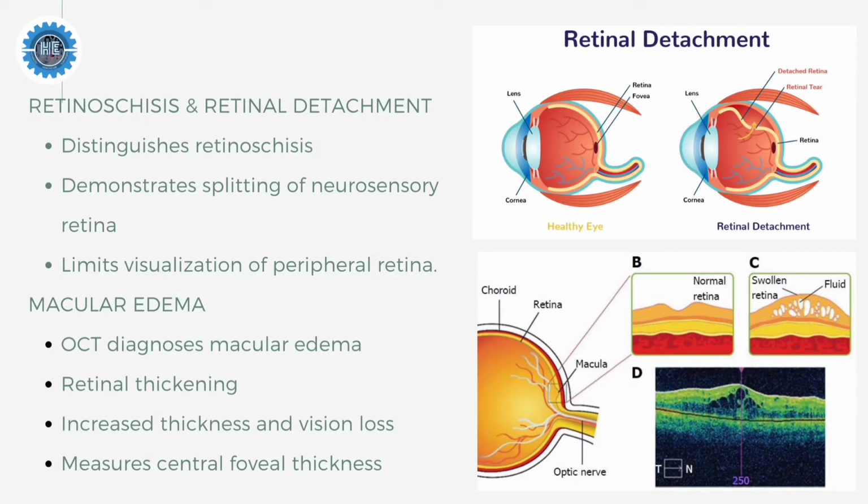Increased retinal thickness and vision loss may occur in the absence of detectable fluorescent leakage. And the central foveal thickness measured by optical coherence tomography correlates with visual acuity in eyes with diabetic macular edema, and this result was similar to that noted in eyes with epiretinal membranes.